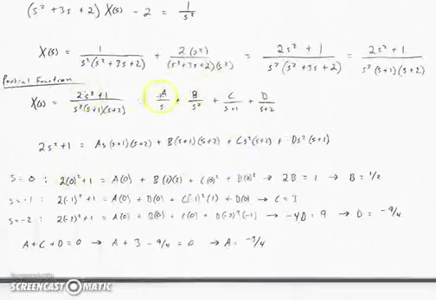And then you can set the top part of all the fractions equal to each other, so you have 2s squared plus 1 equals As times s plus 1 times s plus 2 plus B times s plus 1 times s plus 2 plus Cs squared times s plus 2 plus Ds squared times s plus 1.